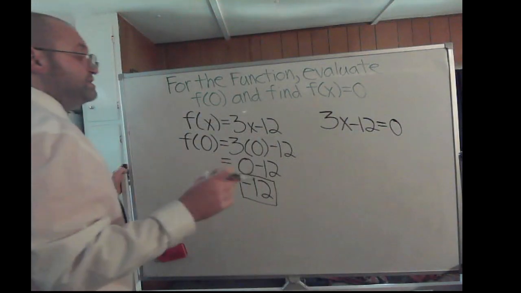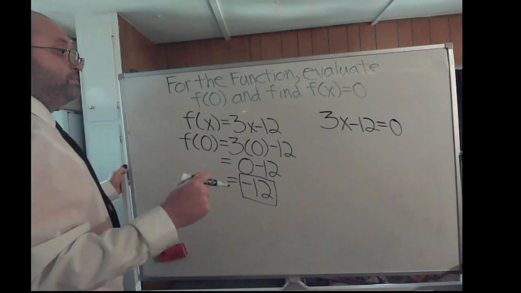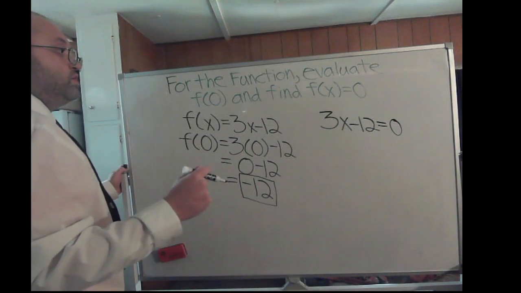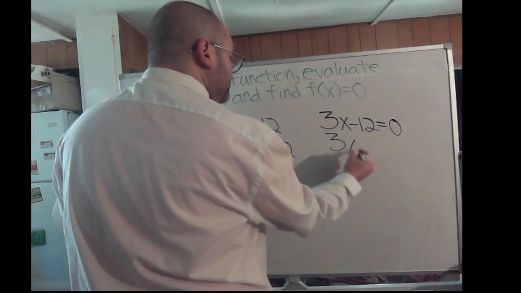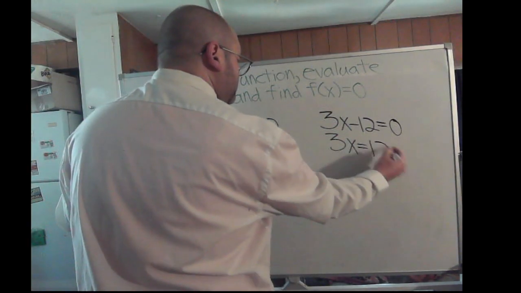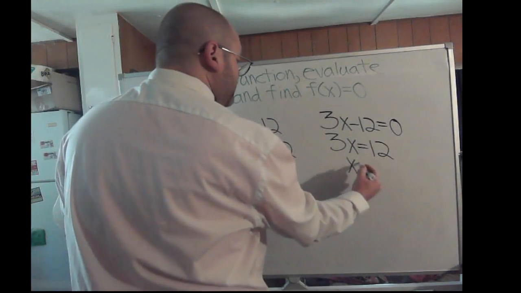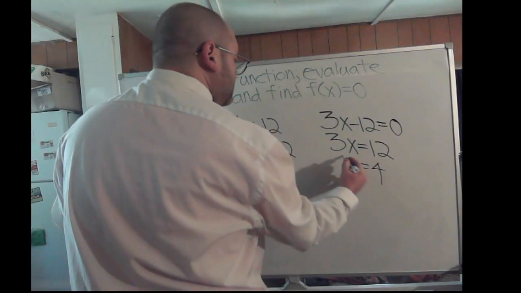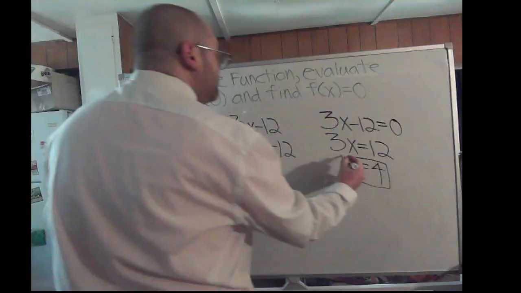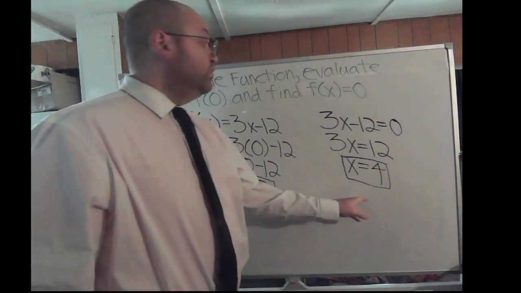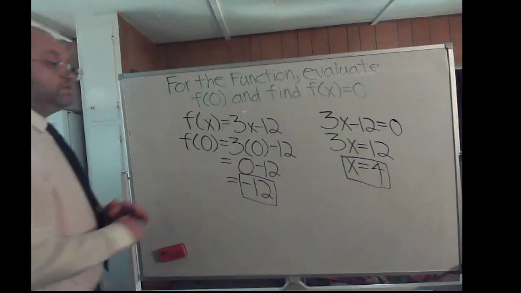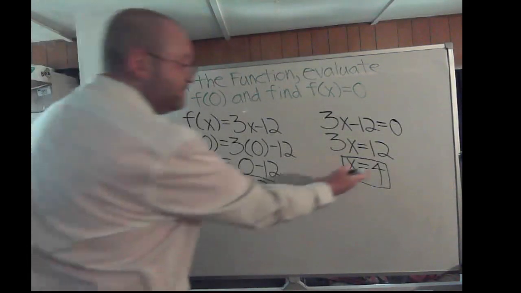You'll set 3x minus 12 equal to 0, which is the same as 3x equals 12, which x would then equal 4. So the value to make f of x equal to 0 would give you an x value of 4. So ultimately it's a fancy way of solving for x.